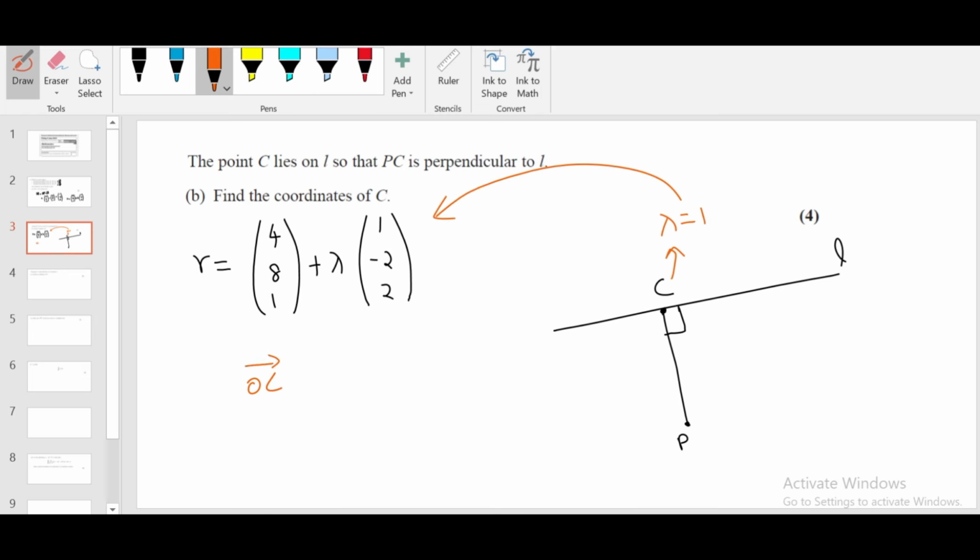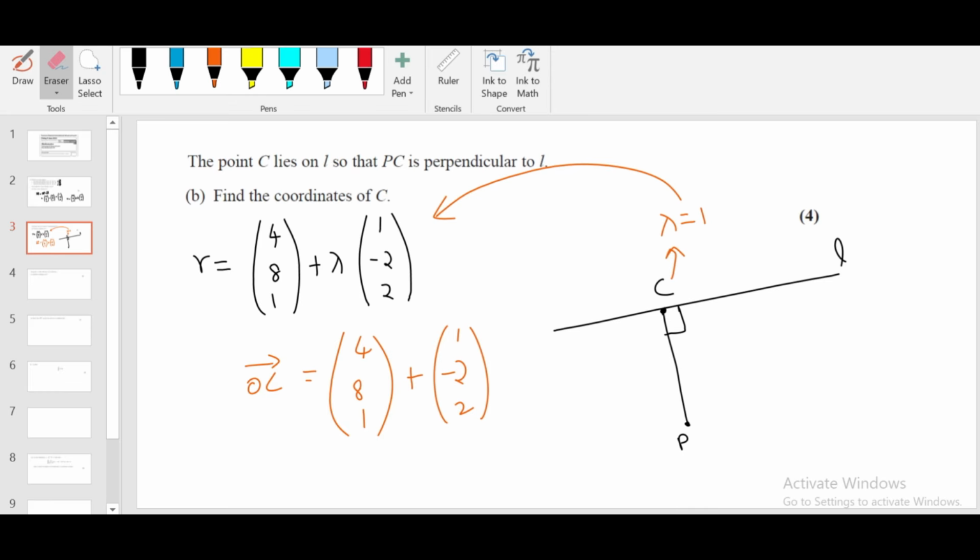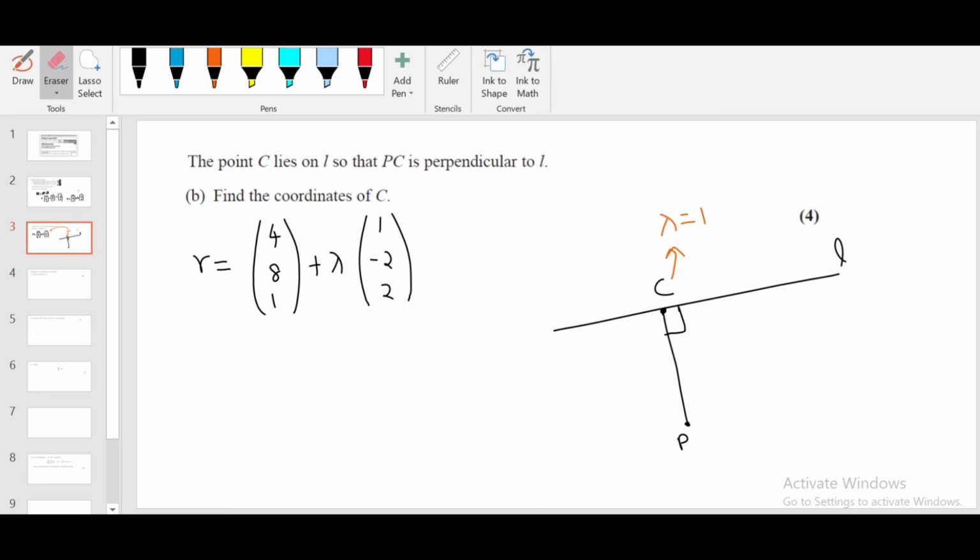You write OC vector as (4, 8, 1) plus 1 times the direction vector, and you get the position vector of the point. So you need the value of lambda associated with the point. But here it's not given, so we are going to consider it as just unknown. Take it as lambda and find the OC vector.